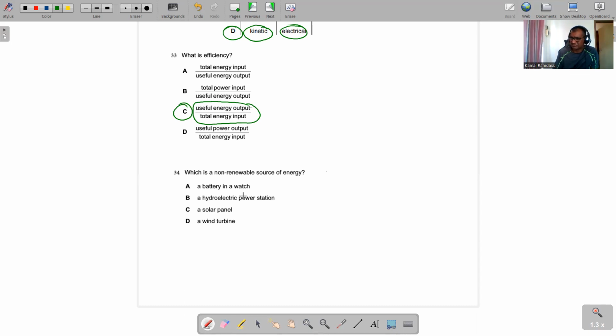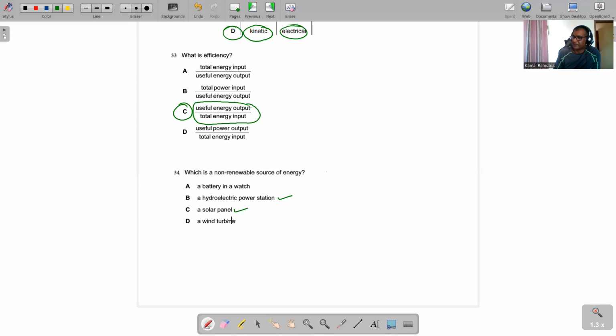What is a non-renewable source of energy? Battery in a watch. Solar panel. Hydroelectric power station. OK? Non-renewable source of energy. OK, hydroelectric is renewable, it can use water.